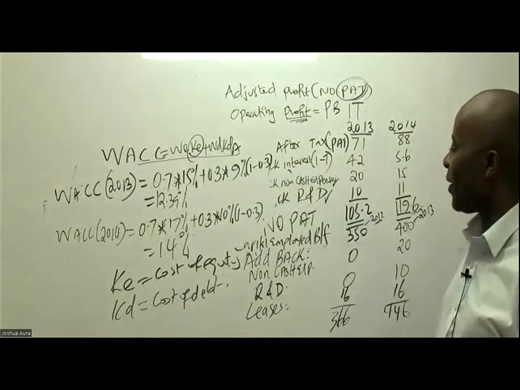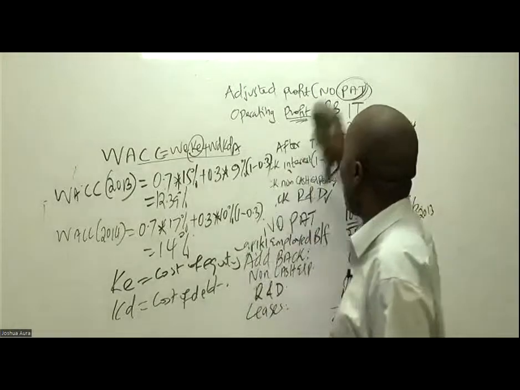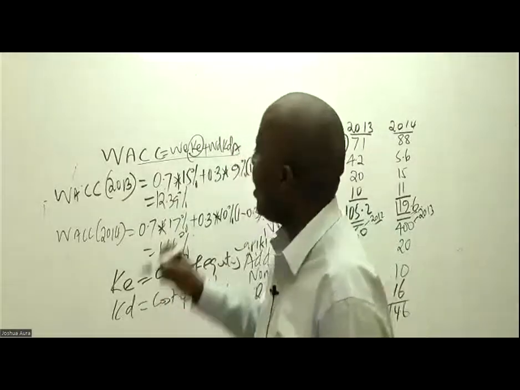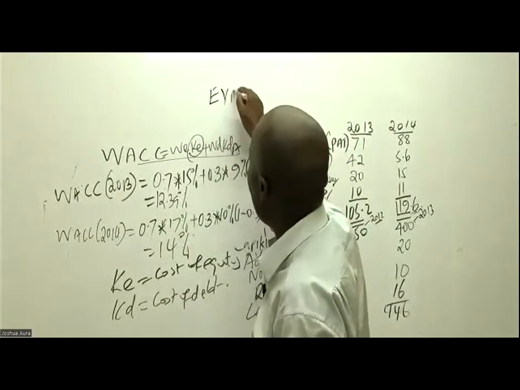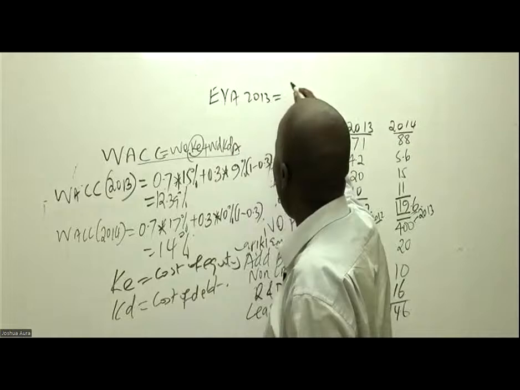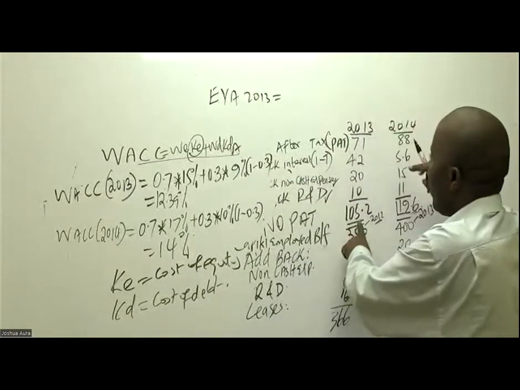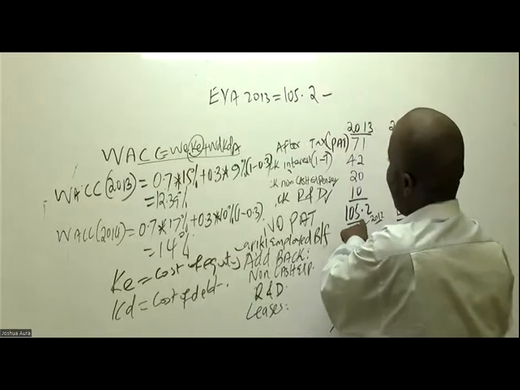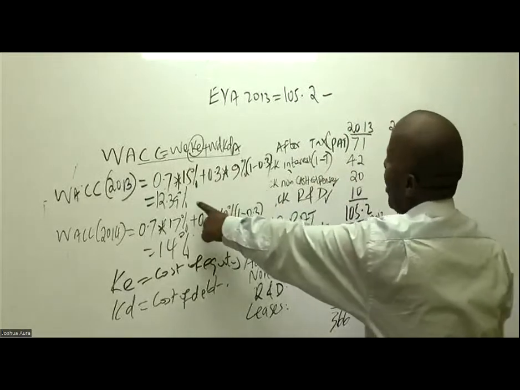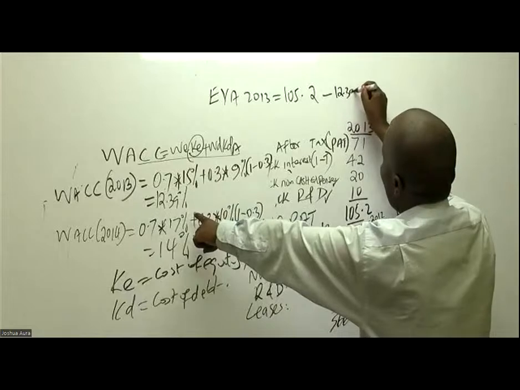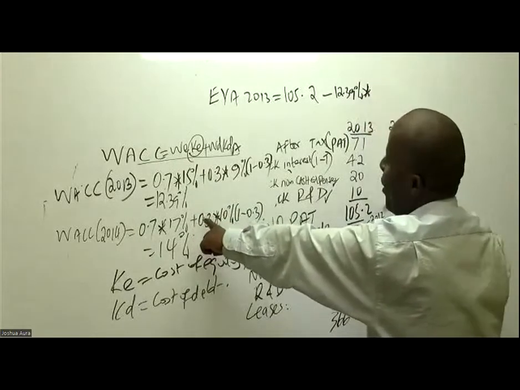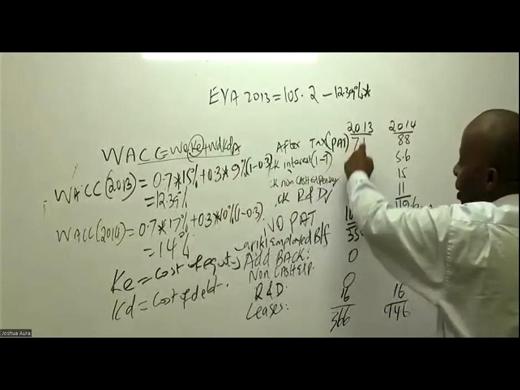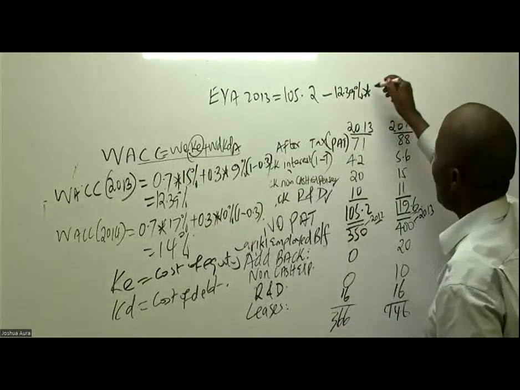Now, ladies and gentlemen, after that, we should be able to get what we call EVA. So come and give us EVA. So EVA for 2013, we know that NOPAT is given here. It is 105.2 minus WACC of 2013, which is 12.39%, multiplied by the capital employed in 2013, which is 316.